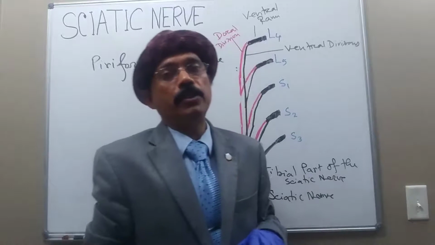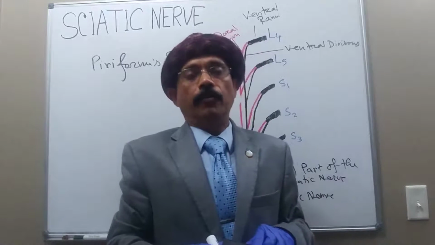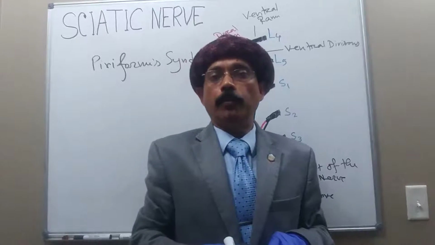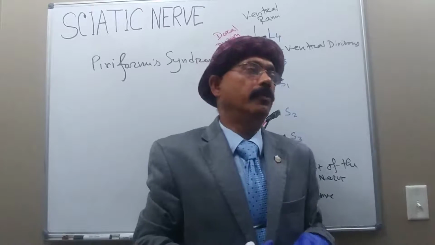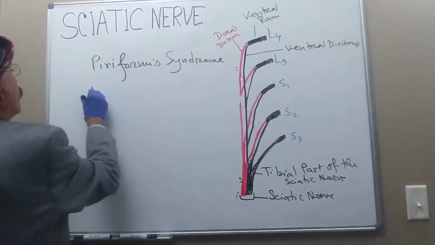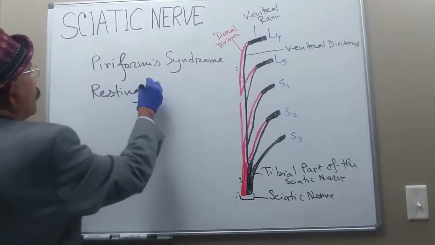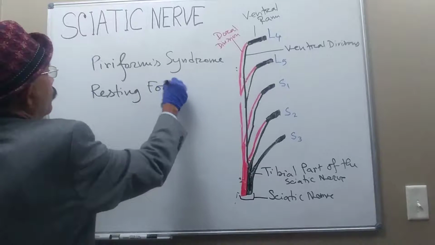This is seen especially in case of skating, ice skating, also in ice hockey and other types of athletes, especially in females. It is called piriformis syndrome. Another problem is called resting foot syndrome.